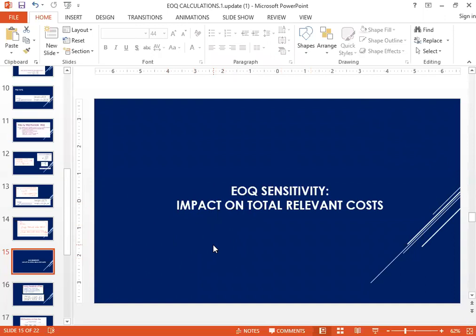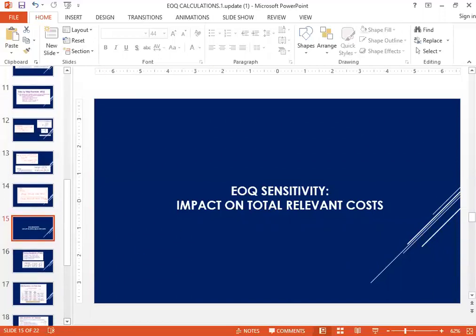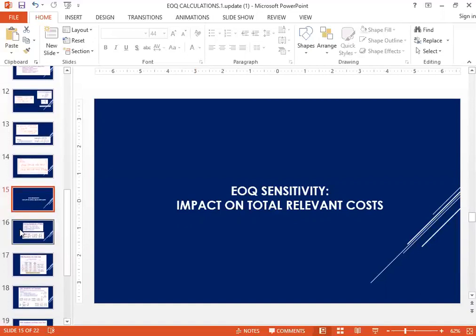Again, I'll repeat that. If the quantity that you are actually ordering is different from the EOQ amount, and you want to see how much of an impact that's having on your total relevant cost, you would be calculating the EOQ sensitivity. And I will show you how that is done.